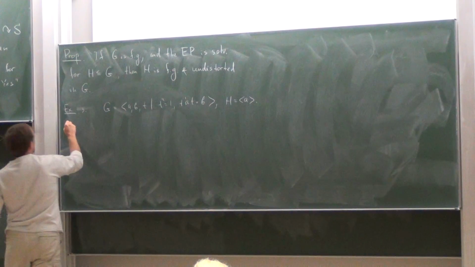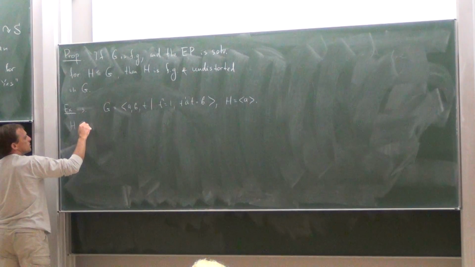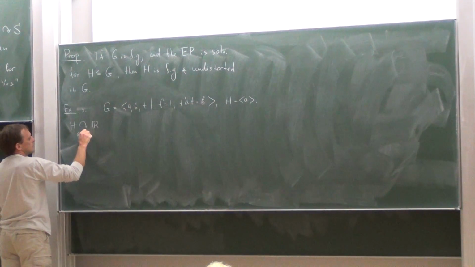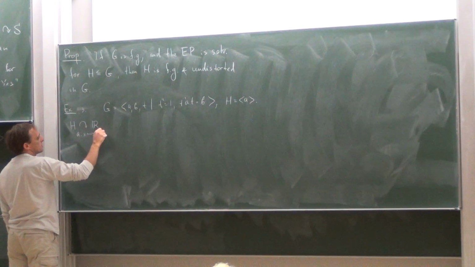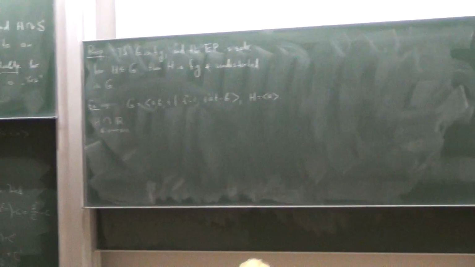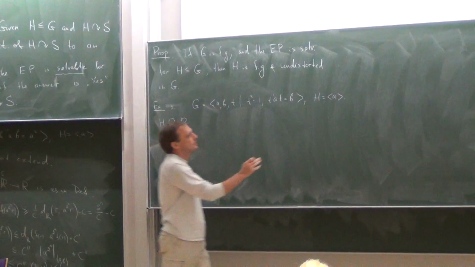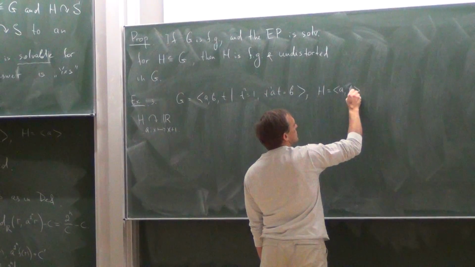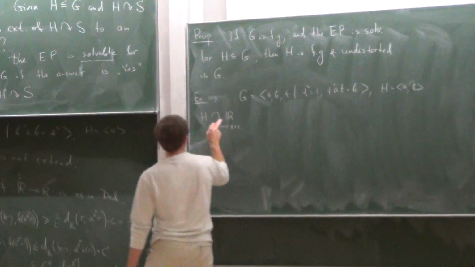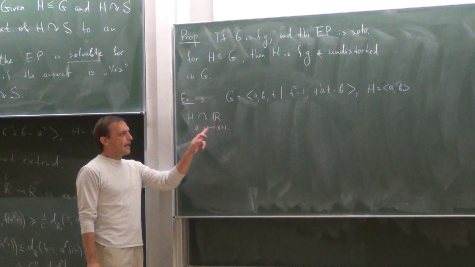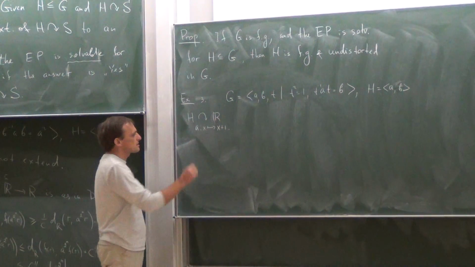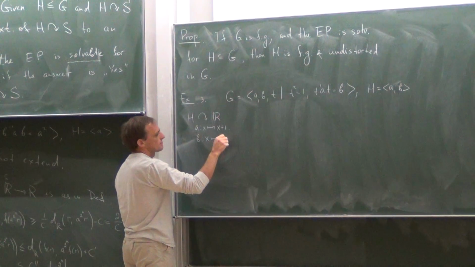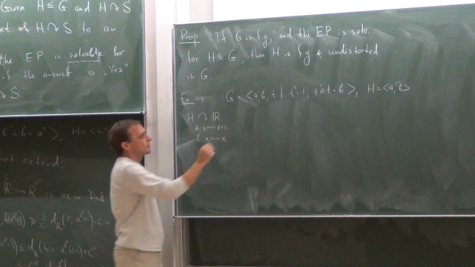So again, we take the action of H on the real numbers by translation. H will be the free subgroup generated by a and b, and the action of H on R will be the following: a acts by translations, a maps x to x plus 1, and b acts trivially. So this action does not extend.